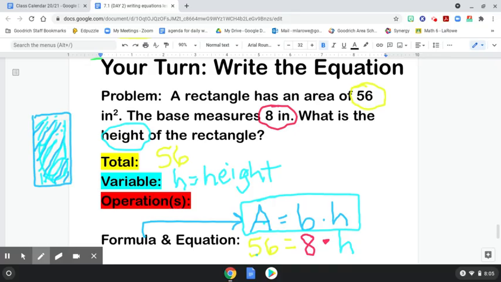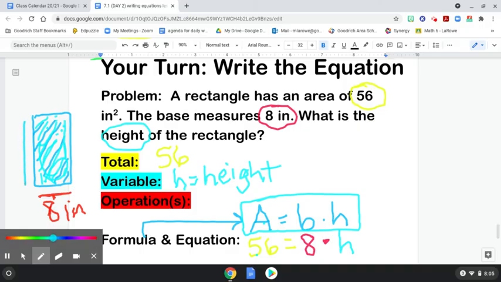We also know that the base of this, draw it on here, this base bottom measurement happens to be 8 inches. What we don't know is how high this rectangle goes. So we write it out as 56 equals 8 times h, or 8 times h equals 56.